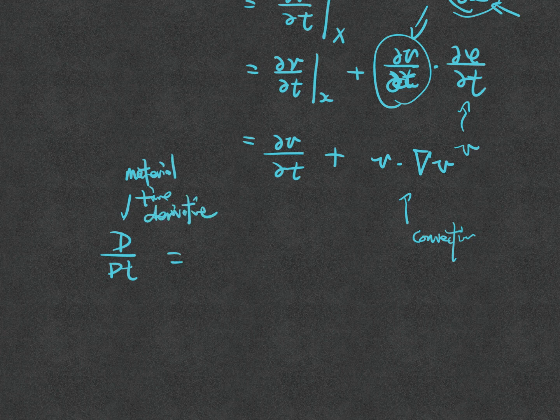And this is equal to the spatial time derivative plus the convection term. So we often write something like this. Okay, so far so good. So this gives you the kinematics of the displacement.